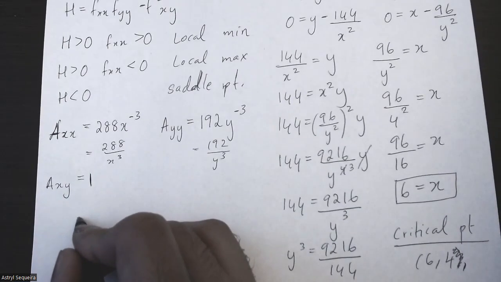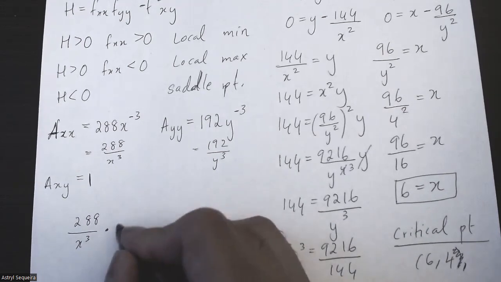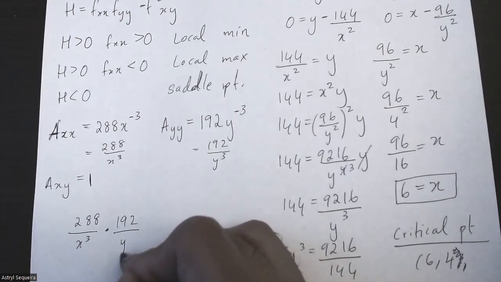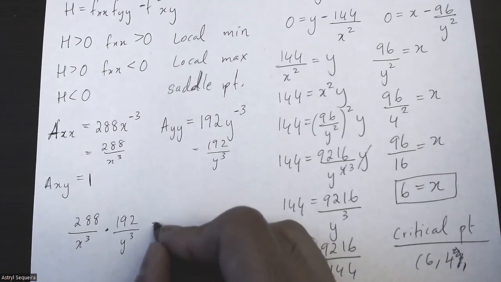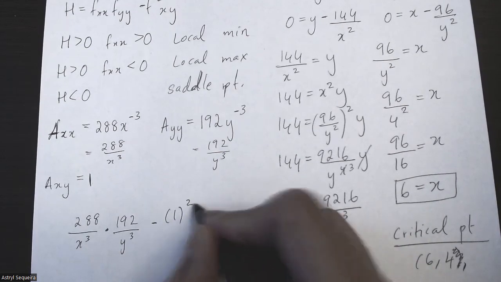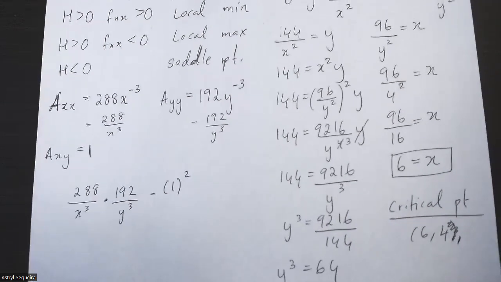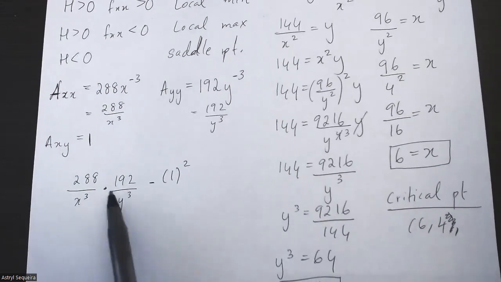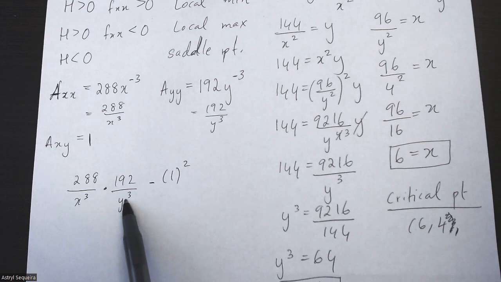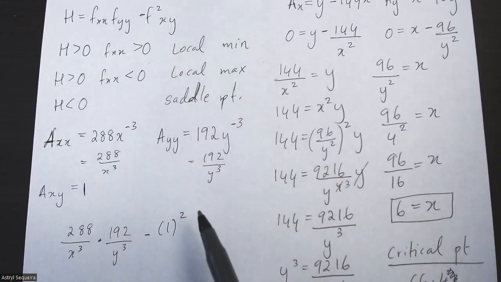So that's just 288 over x cubed times 192 over y cubed minus axy squared, so 1 squared. So now all I have to do is sub my critical point into this over here, and then I have to place it under one of these conditions.